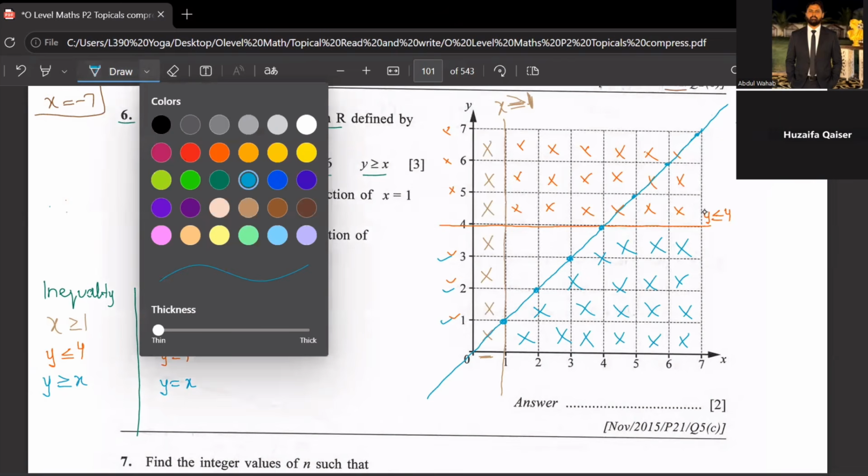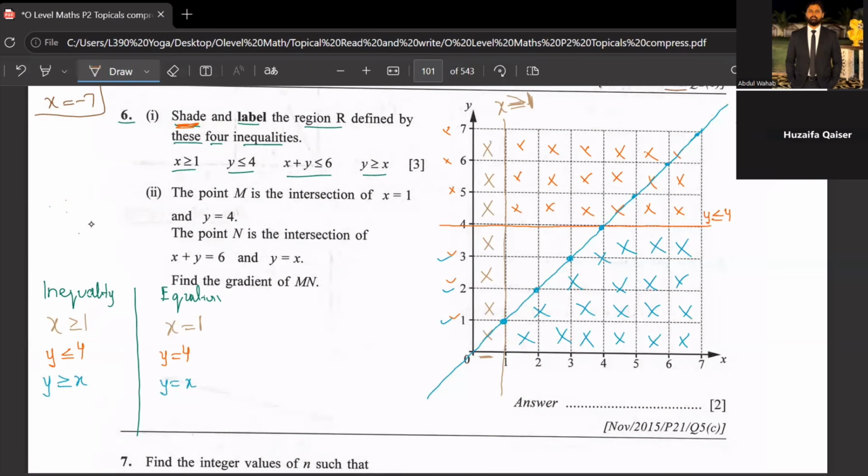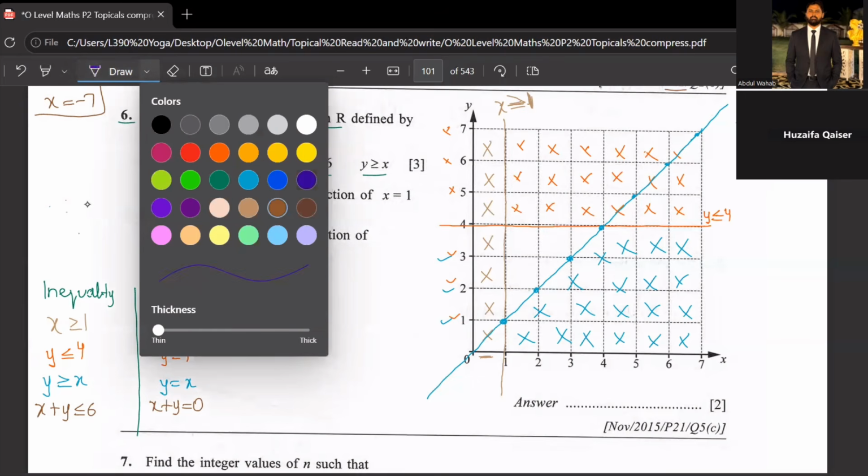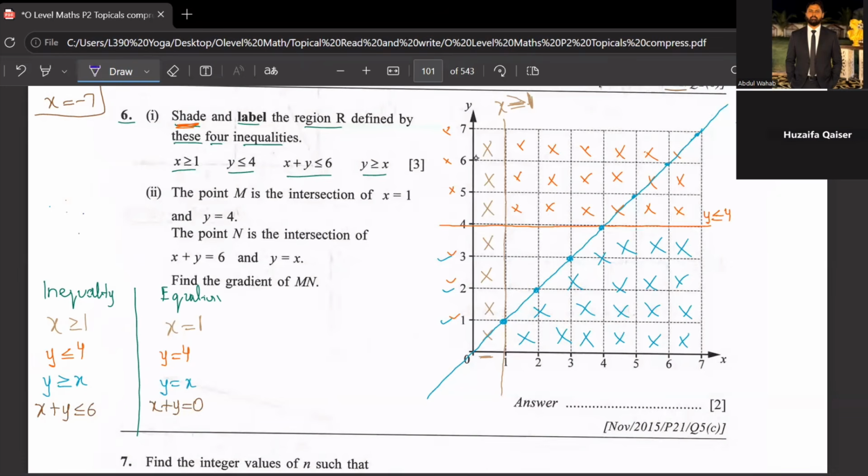The third line tells us x plus y is less than or equal to 6. So you can say x plus y is equal to 6. It means when you add the coordinate of x and the coordinate of y, the answer must be 6. If I add 0 plus 6, it becomes 6 at this position.